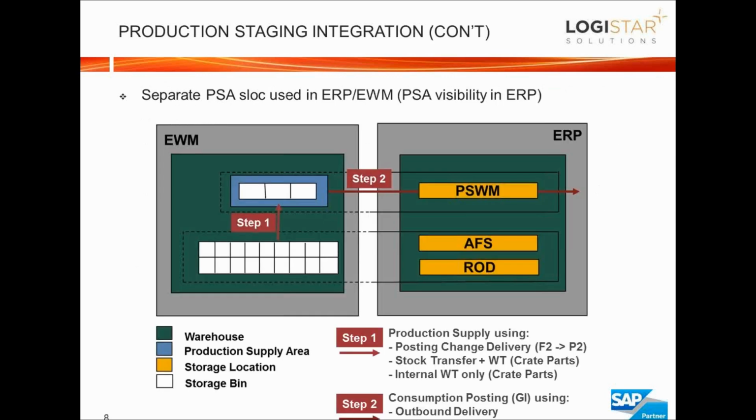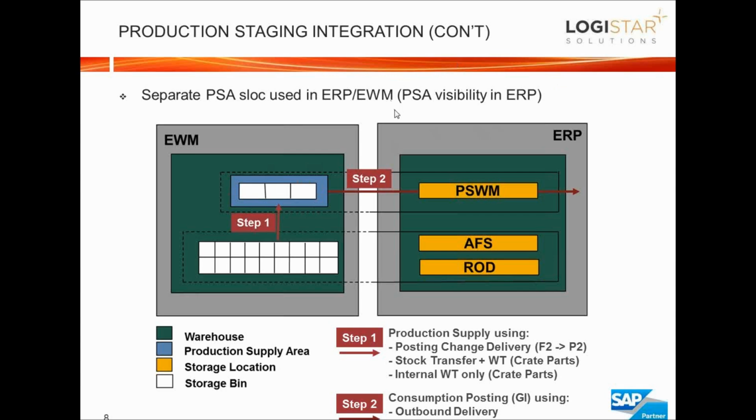So we'll go into the first model here, and what this diagram is really trying to show is that within Extended Warehouse Management, you have your normal racking locations. If I'm going to pick to stage materials to a PSA, I'm moving it from the warehouse into the PSA area.